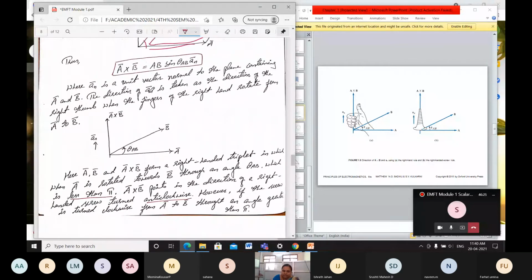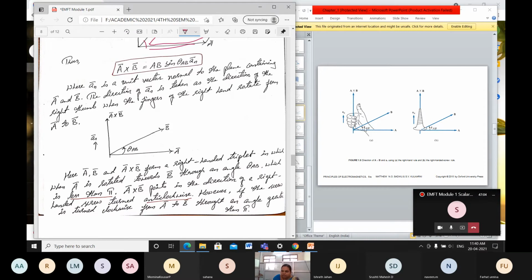The direction of the unit vector is taken as the direction of the right hand thumb, when the fingers of the right hand rotate from A to B. Observe here, from A to B. Here A bar, B bar, and the product, that is our cross product, from the right hand triplet, in which A bar rotates towards B bar through an angle of theta AB, which should be less than pi.